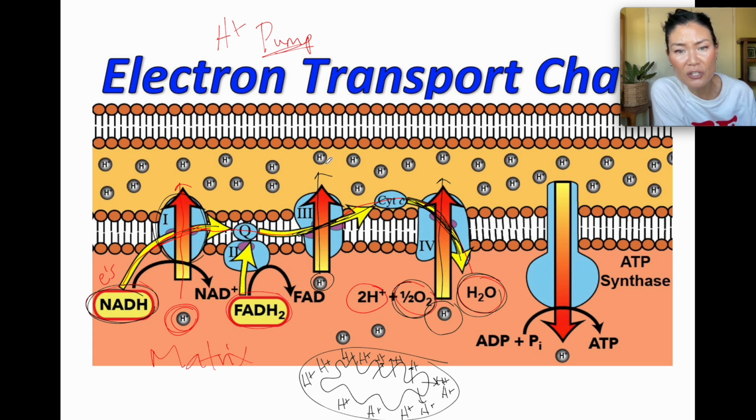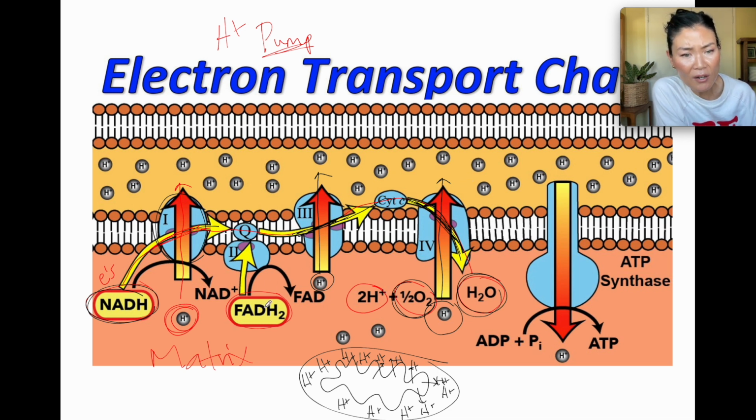And this concentration gradient is going to be super important because it's setting it up. You guys, we're setting up the scenario. It's going to set up a concentration gradient so that it can be used to make ATP. Because remember, making ATP is the whole point of cellular respiration.